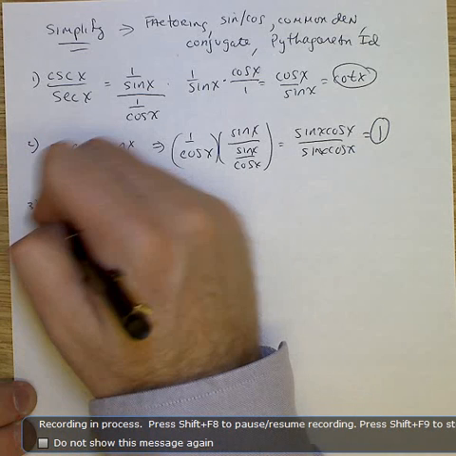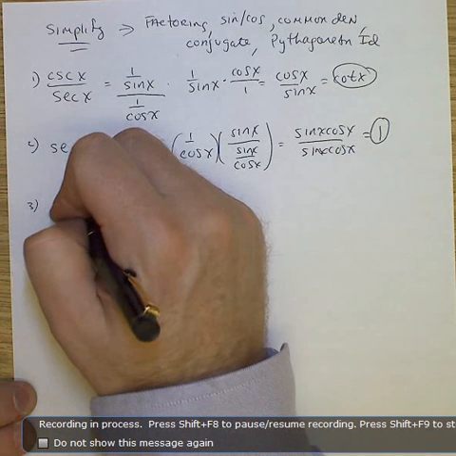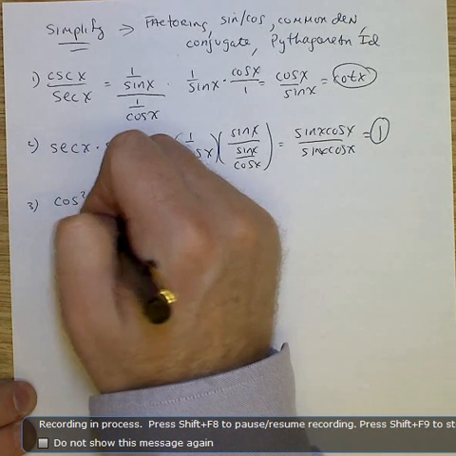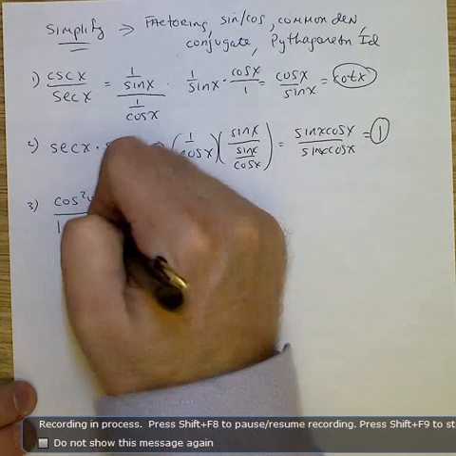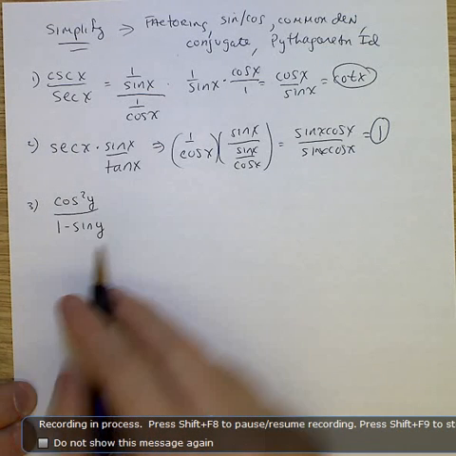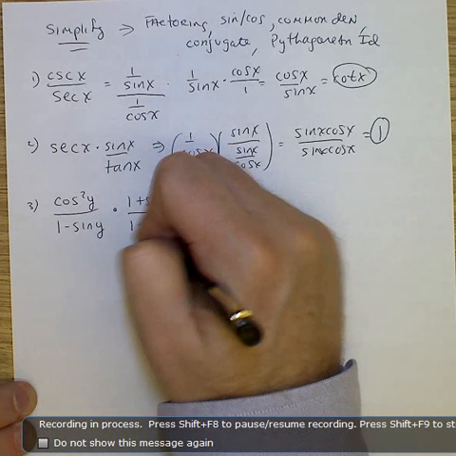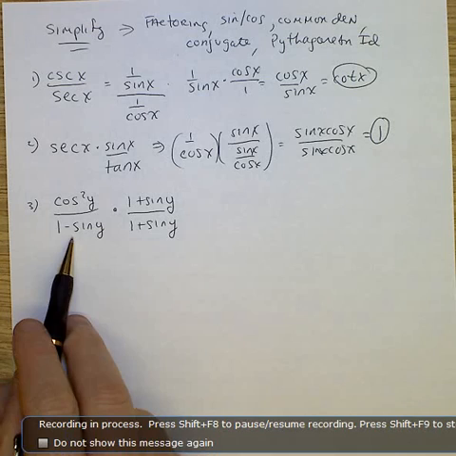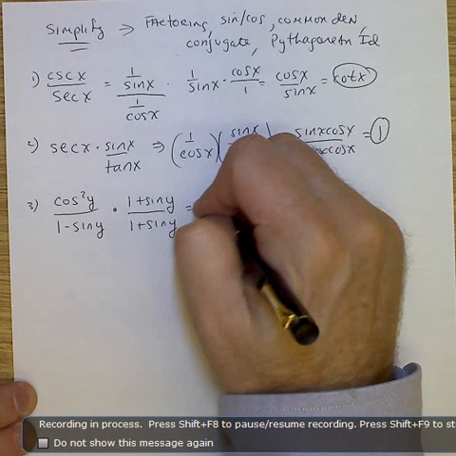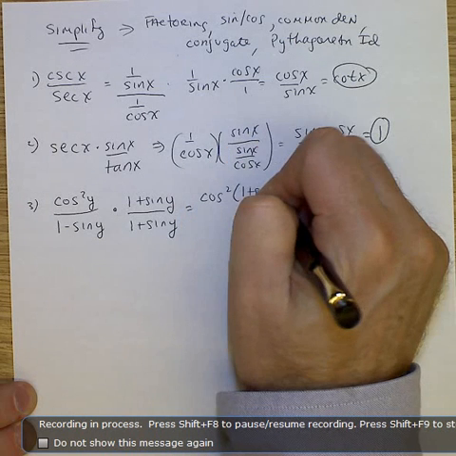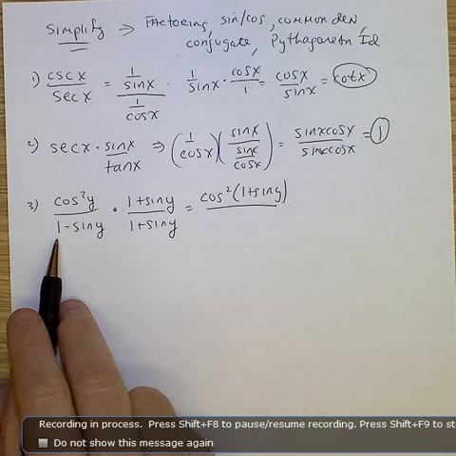Using the conjugate is something that you do most of the time when you have a denominator like this. You have a 1 minus sine y in the denominator. The way you clear that out is you multiply by the conjugate. So when you see a problem like this, multiply by the conjugate. Do the math. When you multiply by the conjugate, this is a minus b times a plus b.